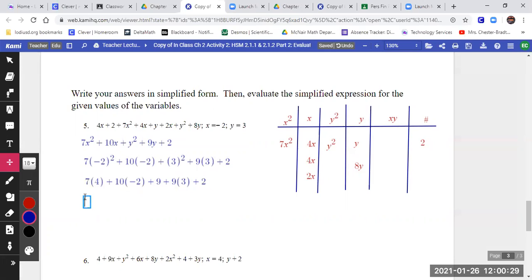According to our PEMDAS, it goes parentheses, which means grouping that has 2 parts that need to add or subtract inside. Then it goes exponents, and then it goes what? What's our next level of the order of operations?